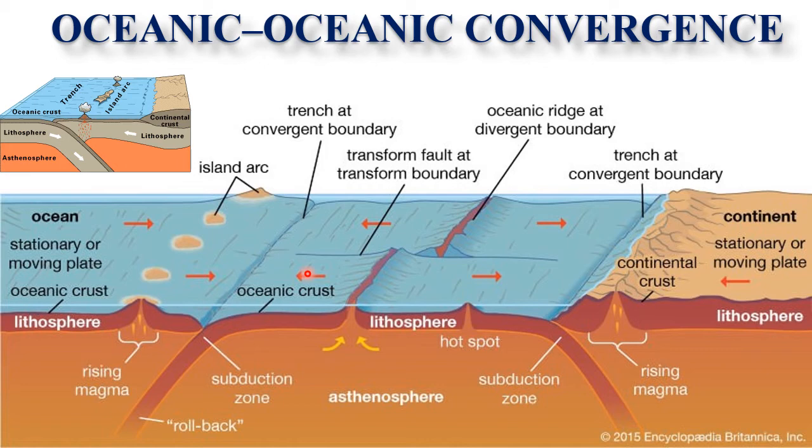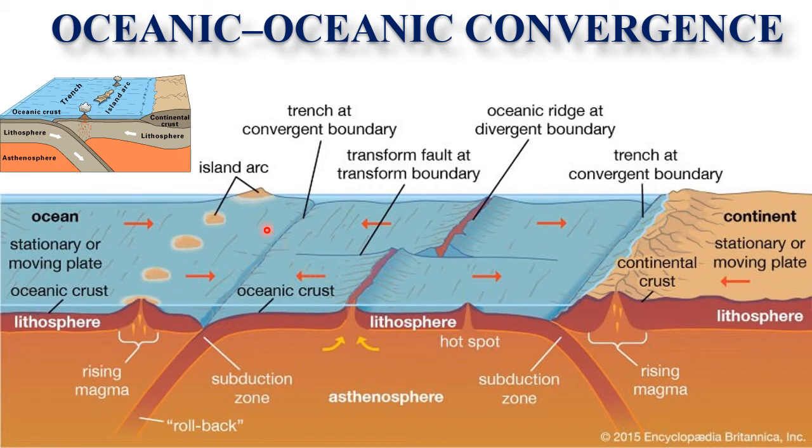Water driven from the subducting slab of oceanic lithosphere triggers the melting in the hot wedge of mantle rock above. In this setting, the volcanoes grow up from the ocean floor rather than on a continental platform.